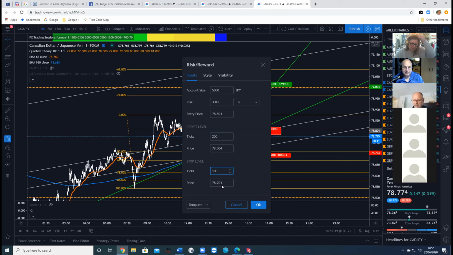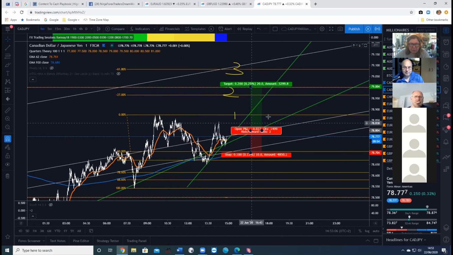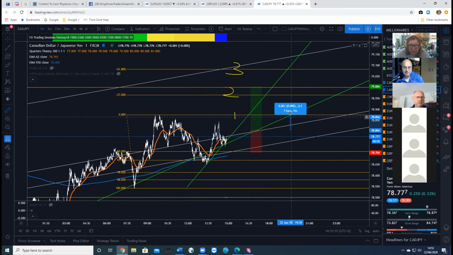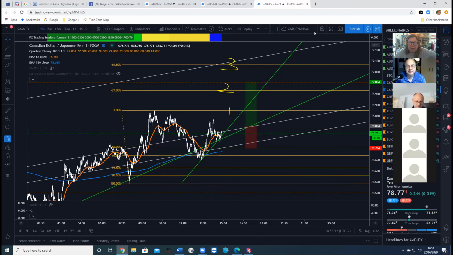A stop loss of 78.704, round about there, and a take profit at 79.004, or 79.000 is the quarter theory. But your take profit one at the 0% is coming in at 7 pips, so not very big, 78.876. So that's CAD JPY.